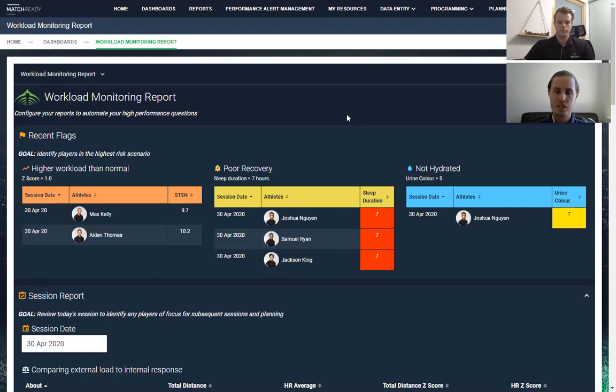We'll configure the system to look at the individual versus themselves. There's the awareness that within positional groups we do want to see similar outputs, but in terms of some of the internal loads, especially how their body's responding, that's on a very individual basis. So we compare to the individual's average.